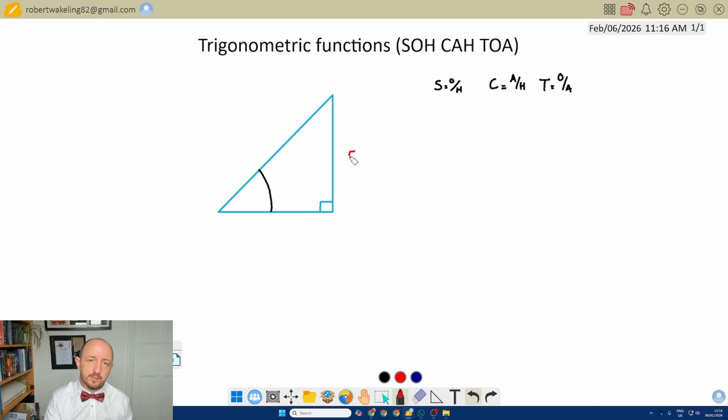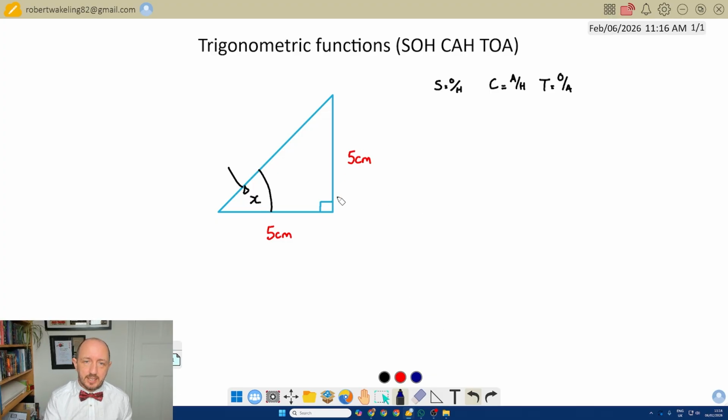So I'm going to do 5 centimeters here, 5 centimeters here, and we have to find the angle. Now we can use theta, which a lot of people use for a missing angle, or we can use x. It's totally up to you, but you might see theta, that Greek symbol, in exams, so I'm just going to mention that at this stage.